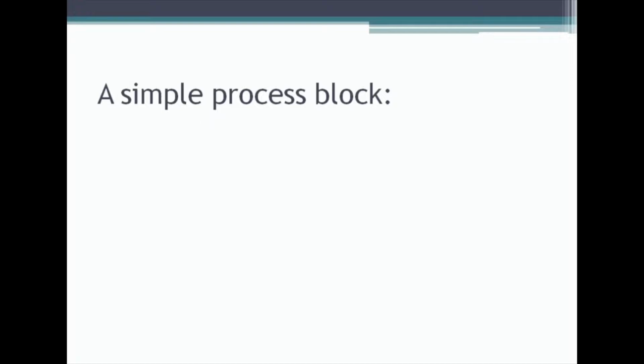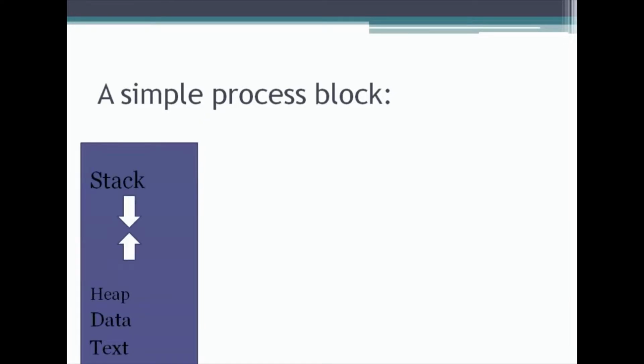Now let's check out a simple process block. How does it look? This is how a simple process block looks. Now, what is stack? Stack is the memory in which temporary data are stored, such as function parameters, return addresses, and local variables.